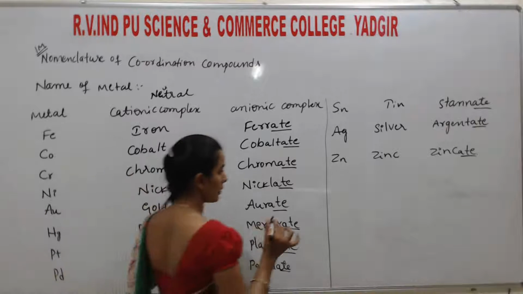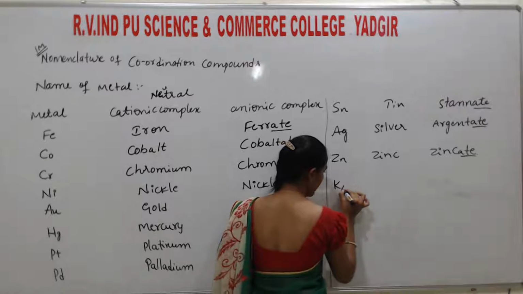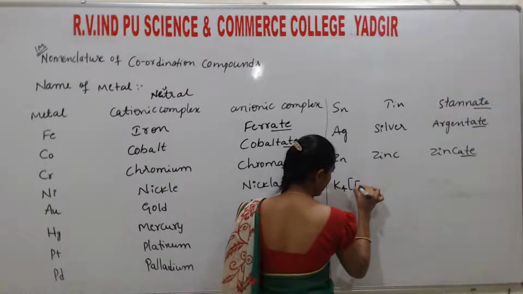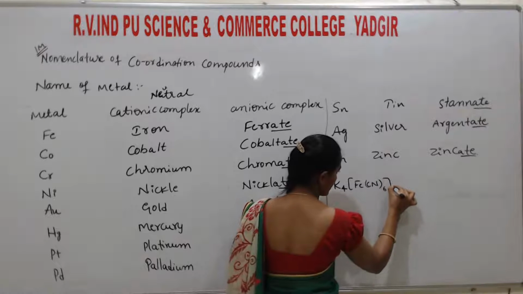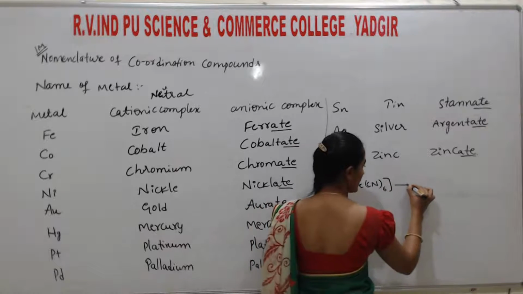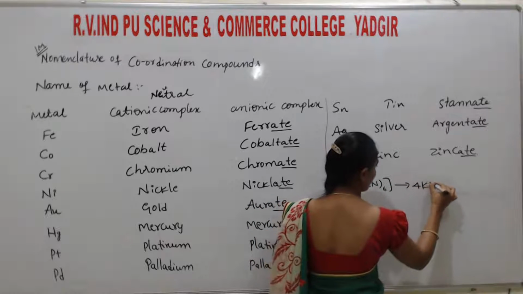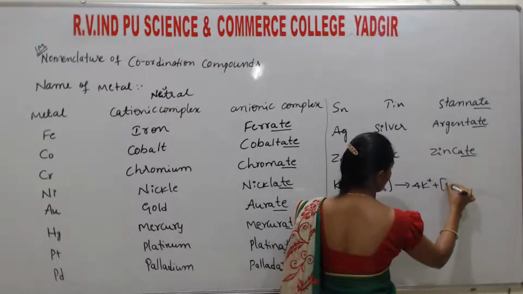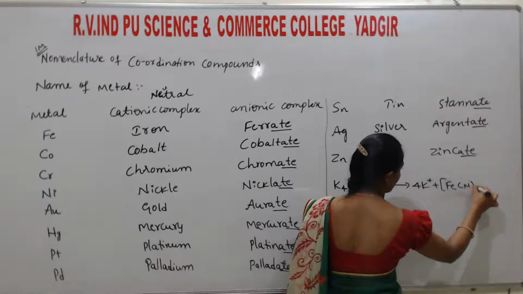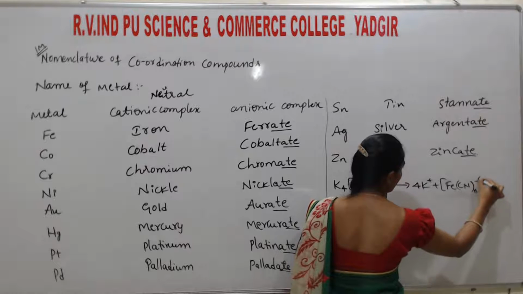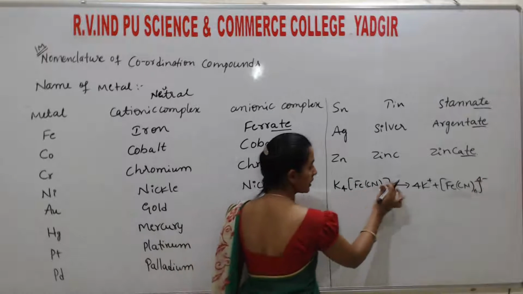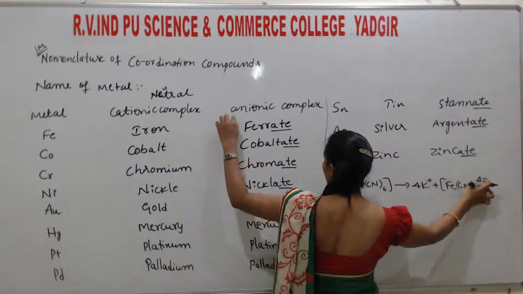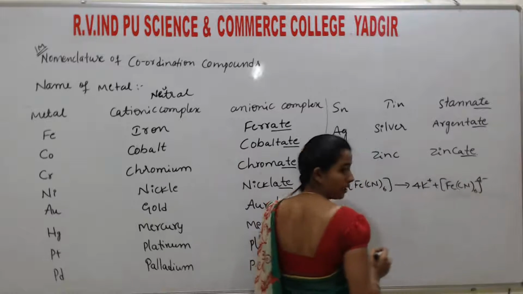So I'll give one example. For example, K4[Fe(CN)6] is there. If you dissociate, you will get 4K+ and [Fe(CN)6]4-. So students, here it dissociated as what? Anionic complex. The complex is an anion.